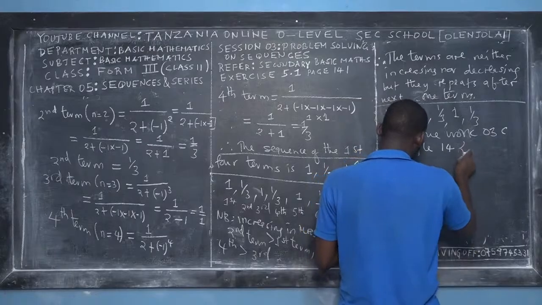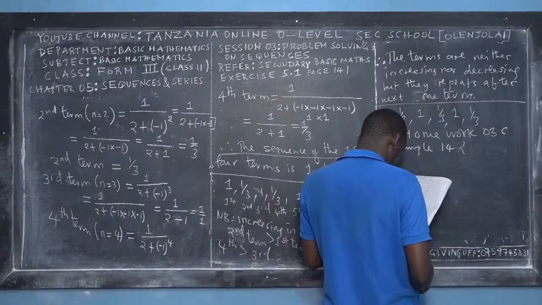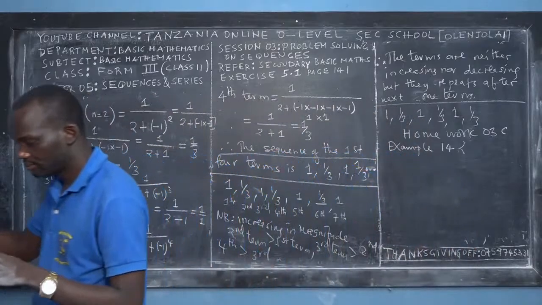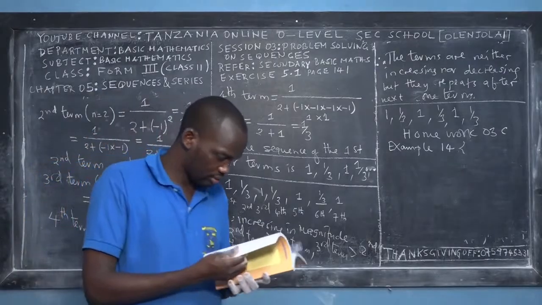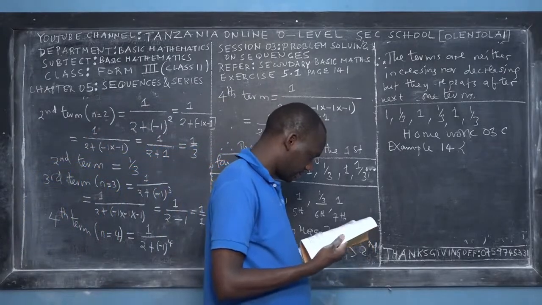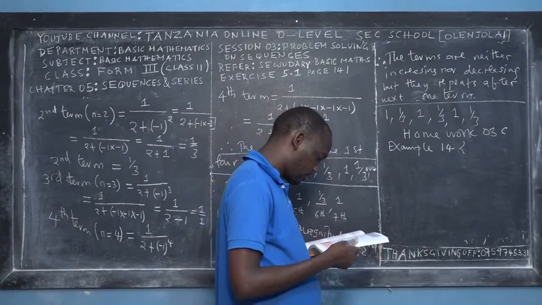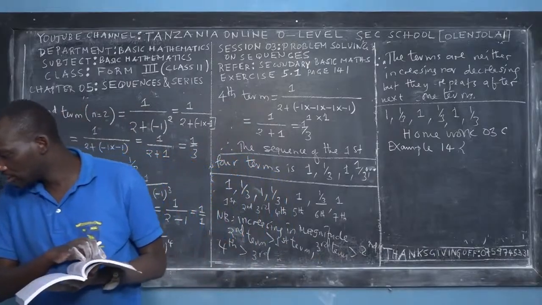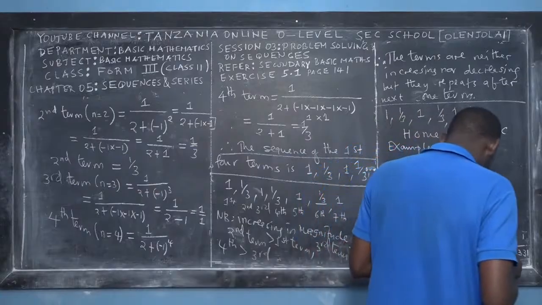And this one, if you refer to the reference exercise 5.1, this is question number 3, the nth term 3n minus 5.